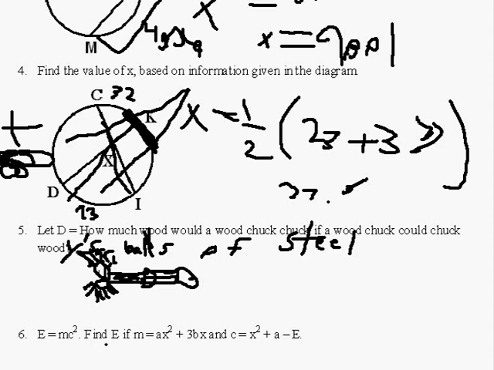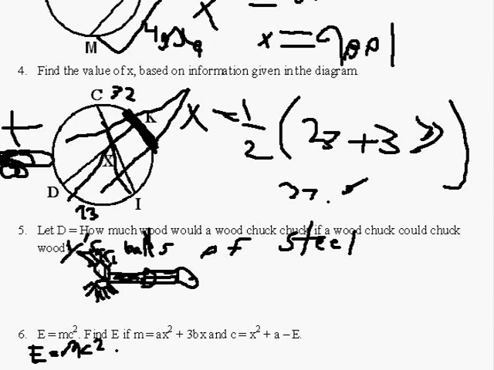E equals mc squared. Find E if m equals x squared plus 3bx and c equals x squared plus a minus e. Well, I'm going to assume this means enormous. Enormous macho cock times 2.